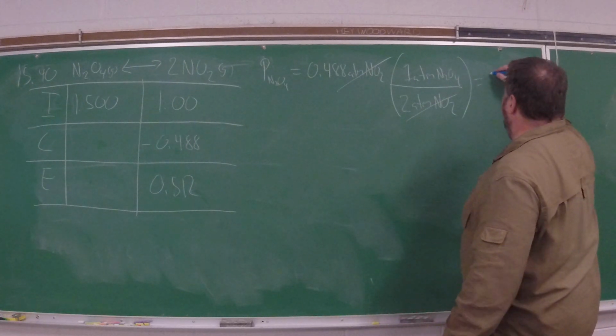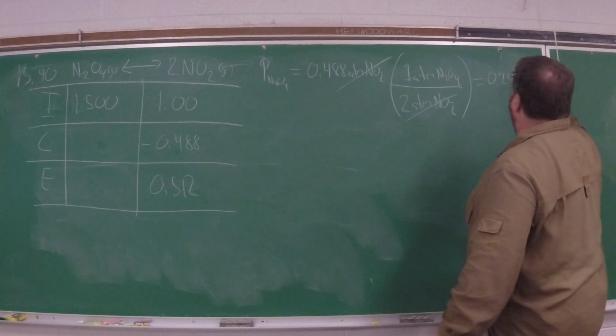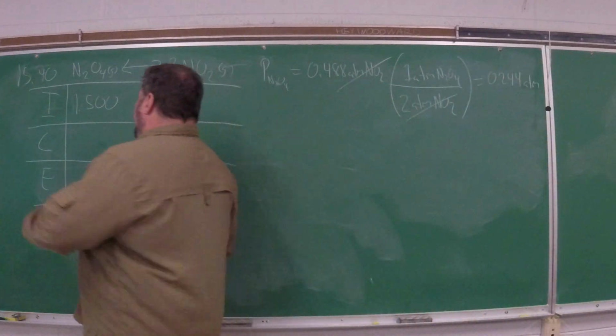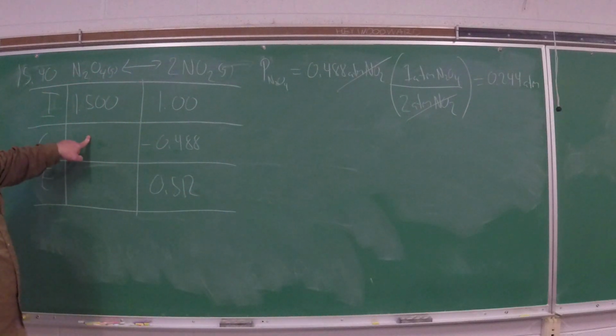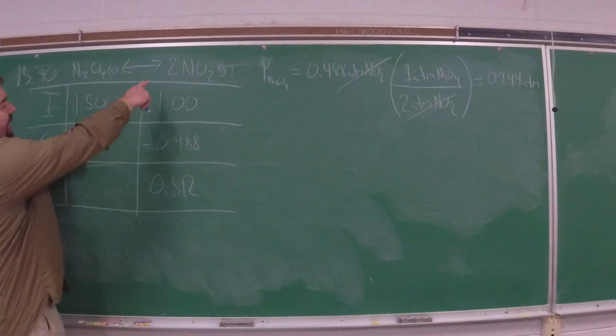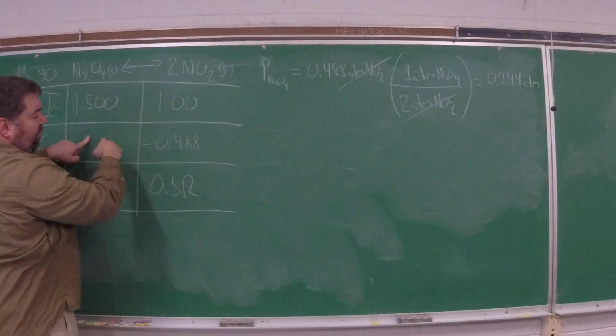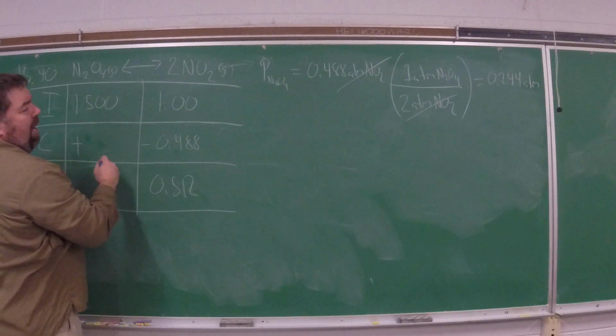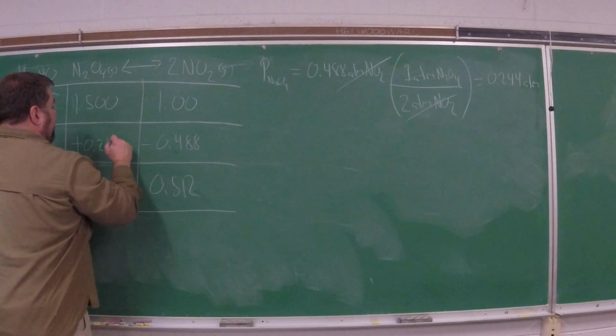And what are you going to get? 0.244 atmospheres. That's the change in the N2O4. And if you can just see, it's 2 to 1, to divide by 2, that's fine too. But again, it has to be a positive. So you have positive 0.244.